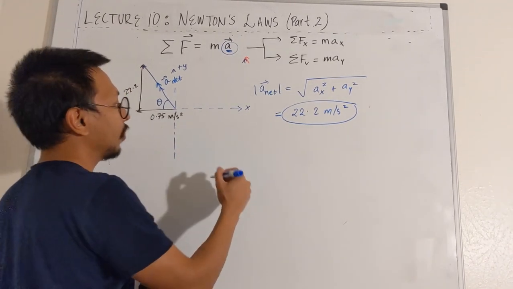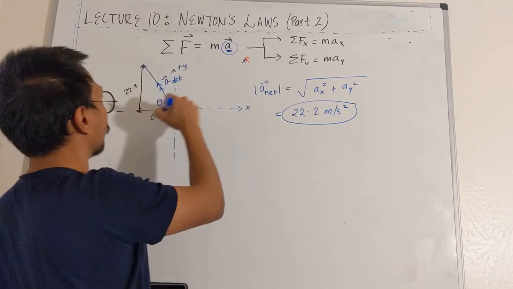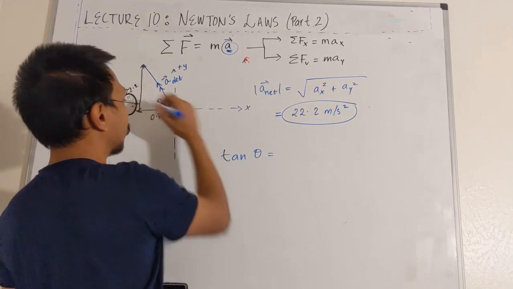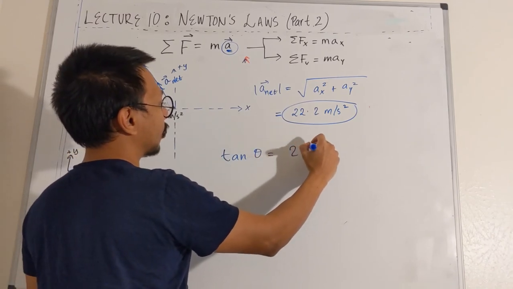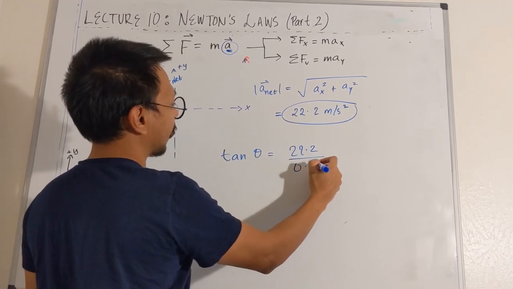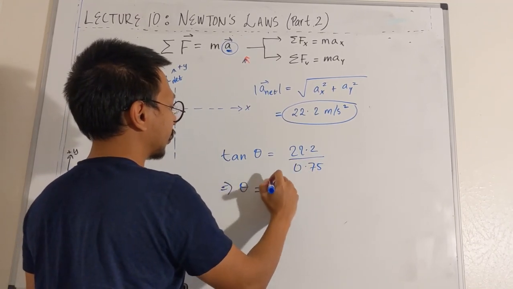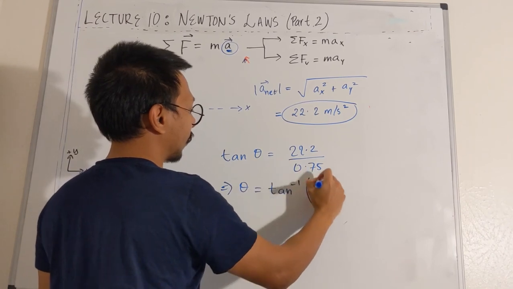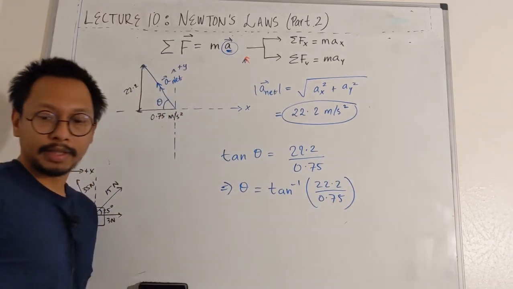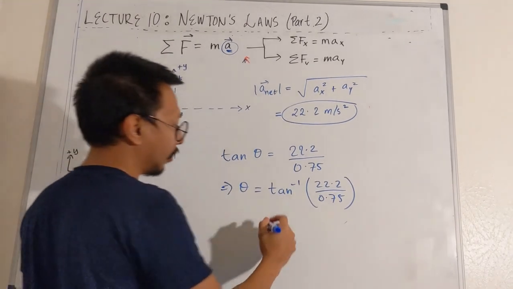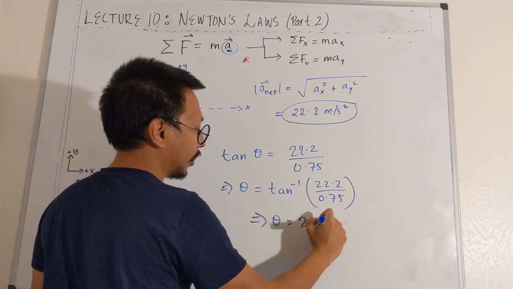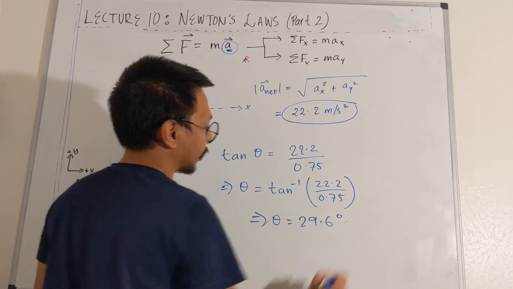And the direction can be found using tangent. So if you consider this triangle, then we have tangent theta equals opposite, which is 22.2, over adjacent, which is 0.75. Then theta is inverse tangent of 22.2 over 0.75. This gives me an angle of 29.6 degrees.